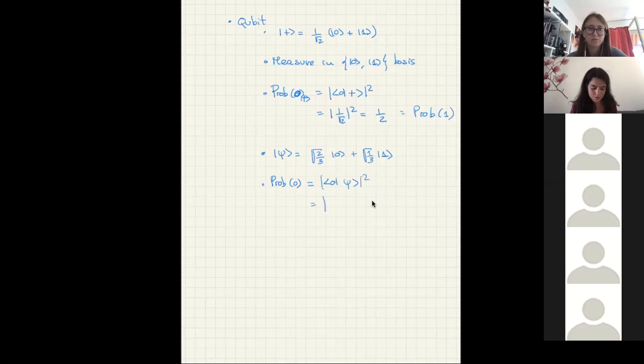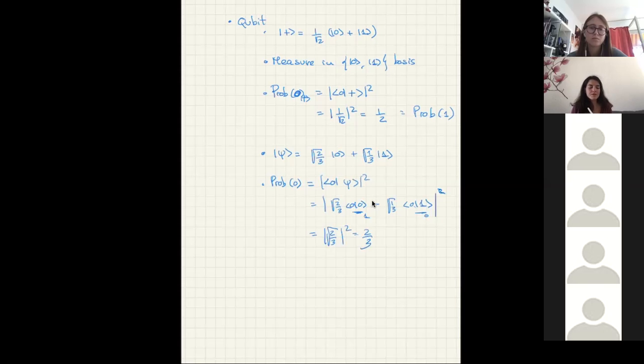And this is going to be 2/3 times the inner product of 0 with 0, plus 1/3 times the inner product of 0 with 1. And this one we know it's 1, and this one we know it's nothing, squared. So we get this squared, which is 2 over 3.